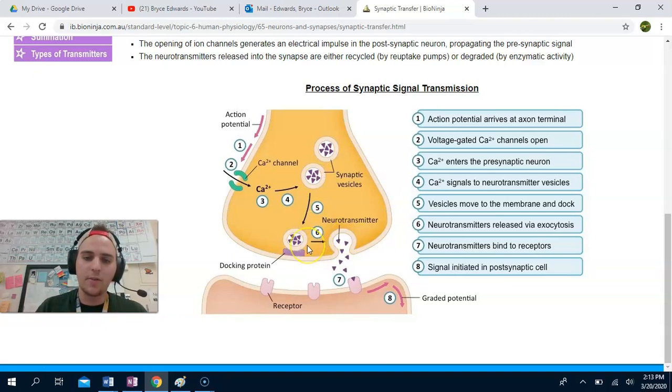Okay, so the vesicles bind to the membrane, the neurotransmitters flood out into the synaptic cleft, and then they will be received by these little receptor proteins, and those proteins will then send a new signal down through the next neuron or the next cell or whatever it is. Okay, so neurotransmitters is how we actually feel things, and different neurotransmitters send different signals in different places.